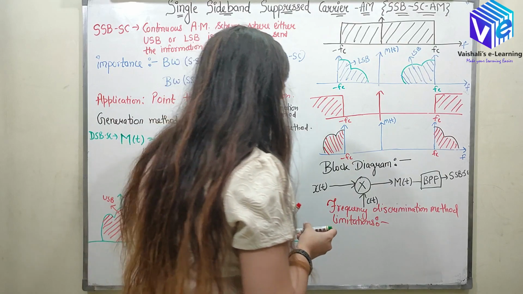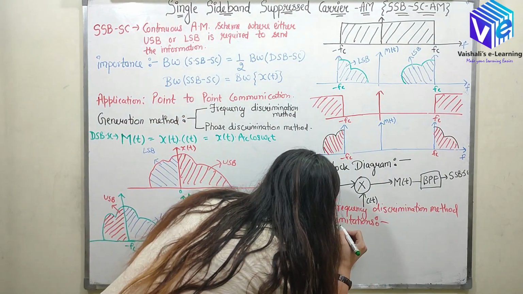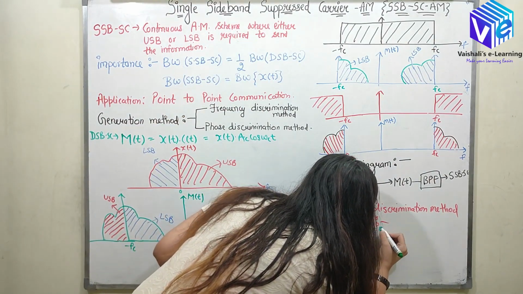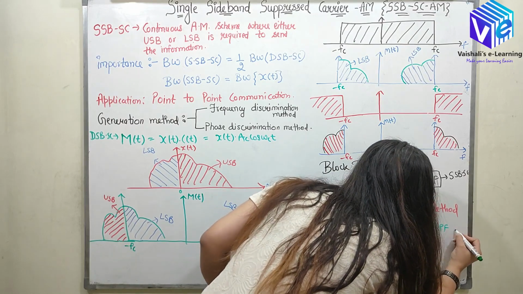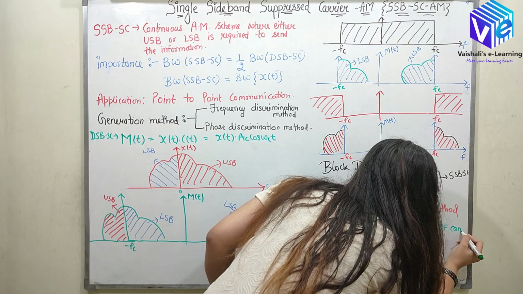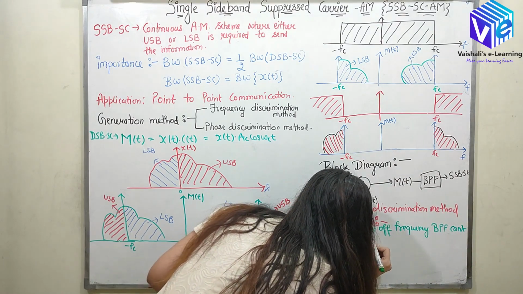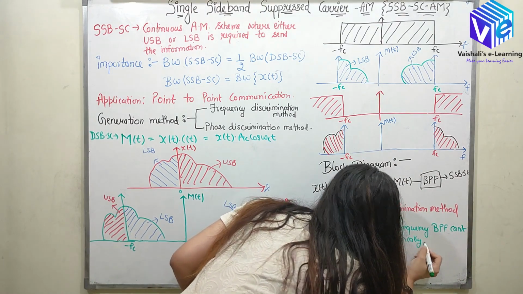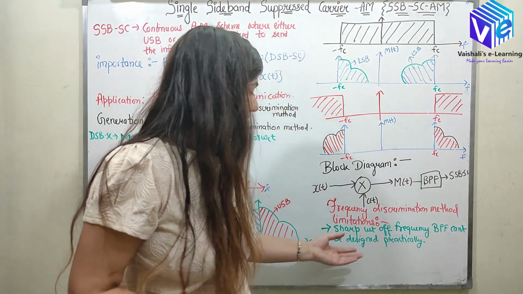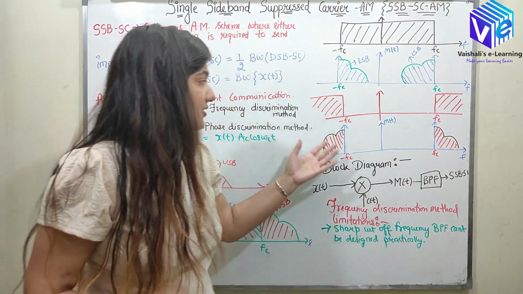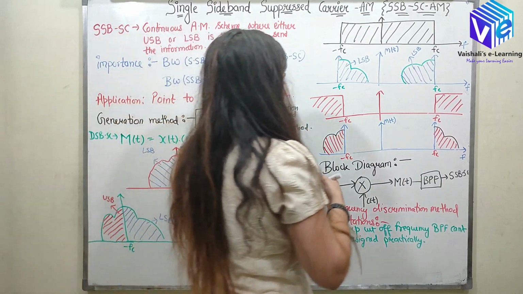So the first limitation is sharp cutoff frequency band pass filter can't be designed practically. This is an ideal filter.